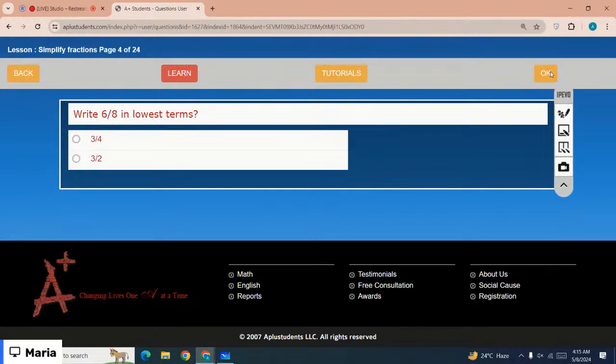Write 6 by 8 in lowest term, which is the correct option.